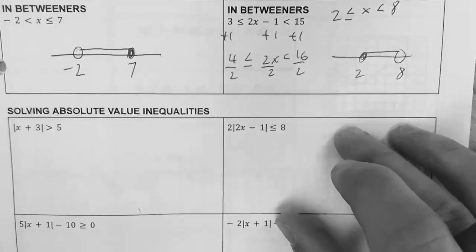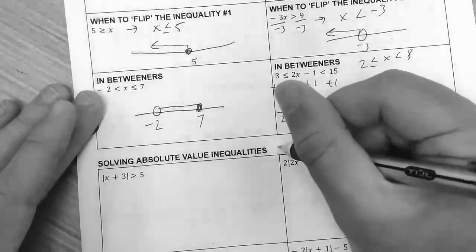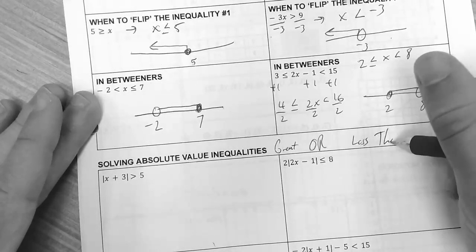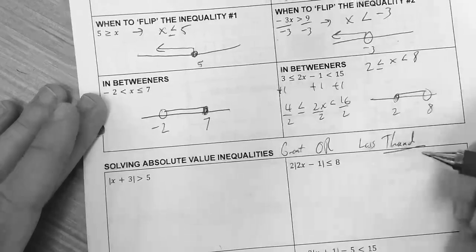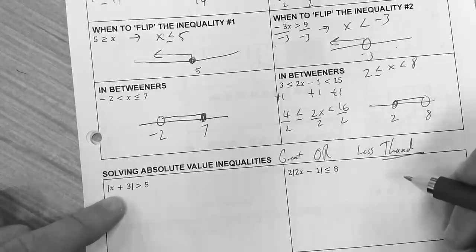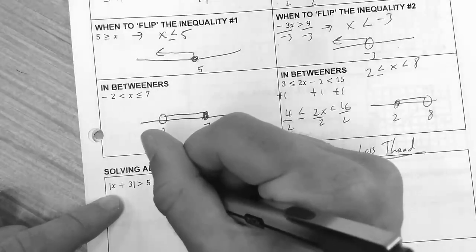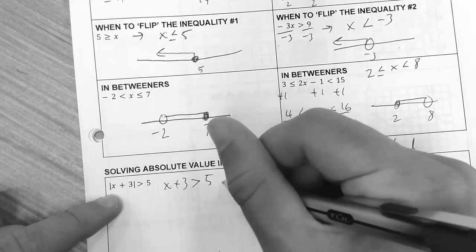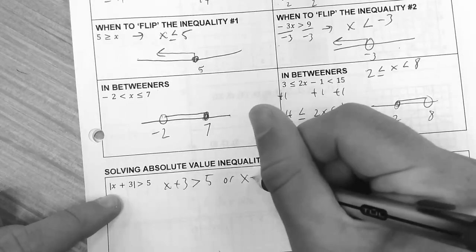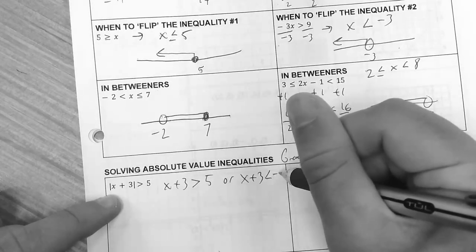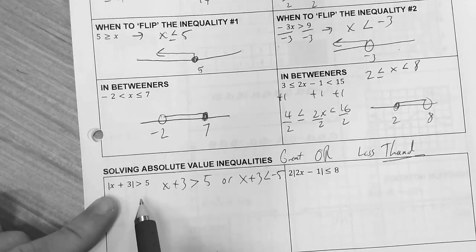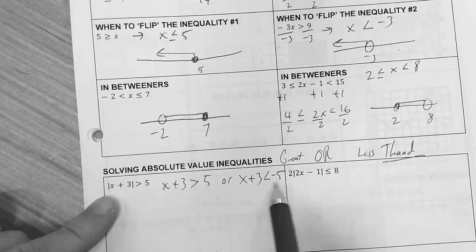Okay, solving absolute value inequalities. So remember greater than, or, less than, right? Remember this? So x plus 3 could be greater than 5, or x plus 3 could be less than negative 5.